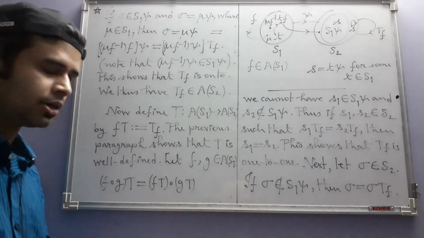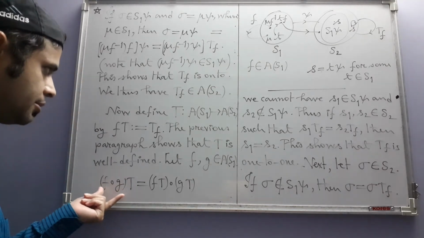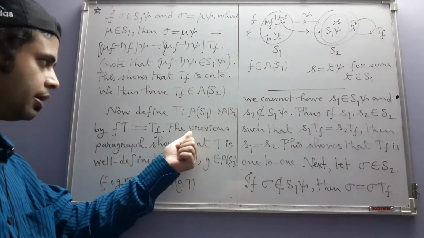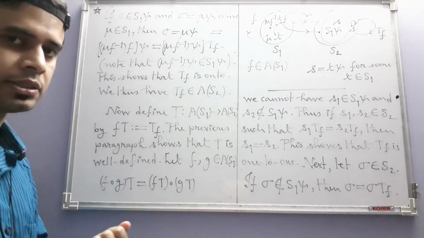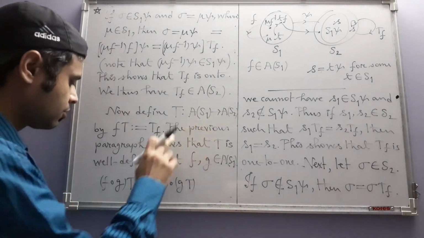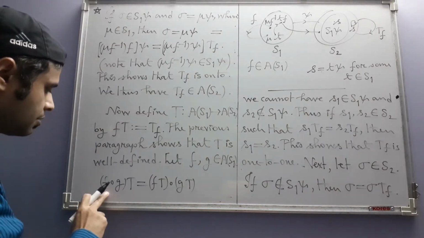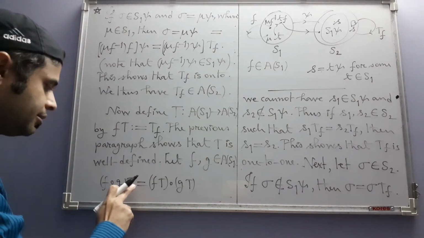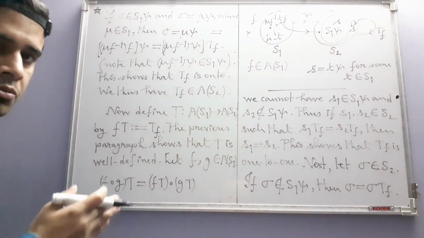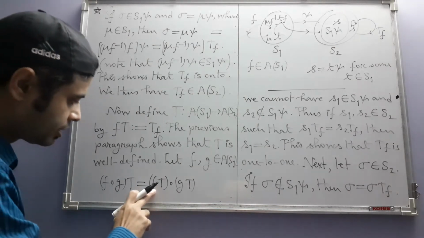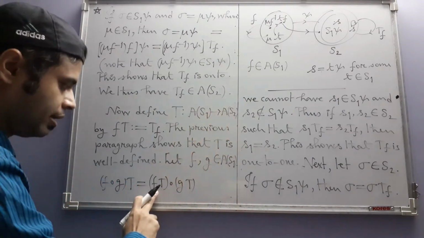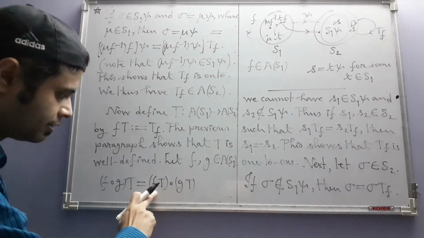Note that this means what? F composition G is an element in AS1 because we are composing two elements in AS1. That will again give us an element in AS1. This is the binary operation in AS1, composition of mappings. So on that, if we apply T, we are getting an element in AS2, which is a function from S2 into itself. On the right hand side, we already have two elements in AS2, TF and TG, and they have been composed.